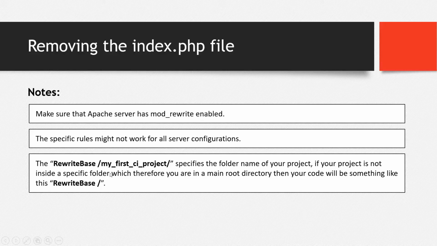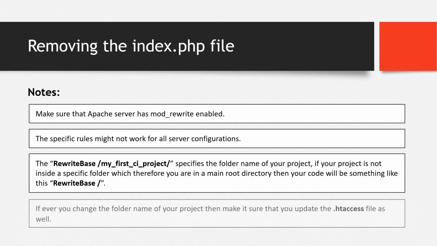Rewrite base /. Okay? Usually, ginagawa natin to if we are already in the production mode or production server. Okay? But for our local development, of course, naka-folder pa lang tayo. Okay? So other note is that if ever you change the folder name of your project, then make sure that you update the htaccess file as well.